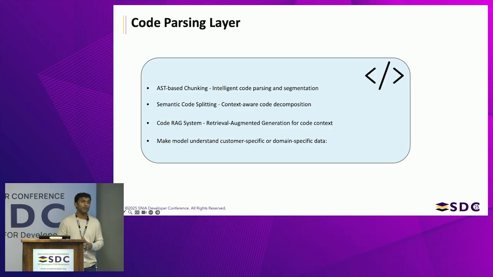Yes, of course, models can understand the language, but it's always easier to extract the code and functions in a structured way. So that is where we are using AST-based chunking, so that when we extract the code from the storage system or the integration test, we still maintain the structure of the code.